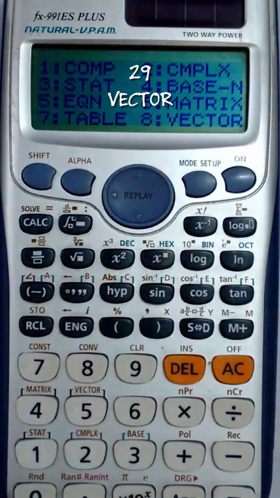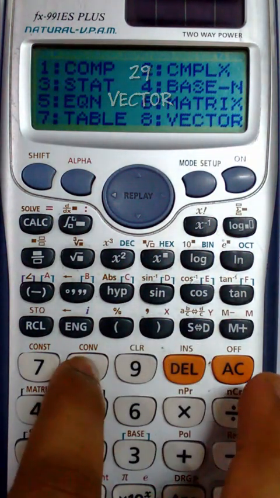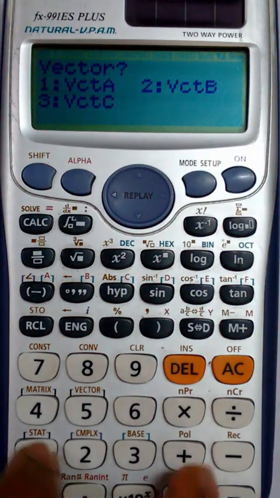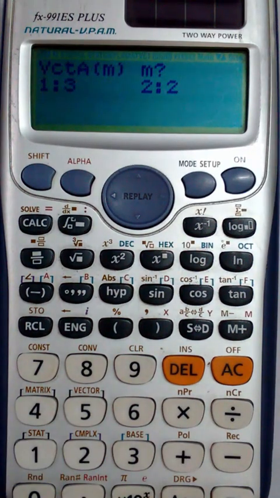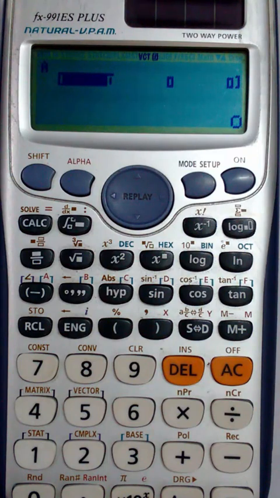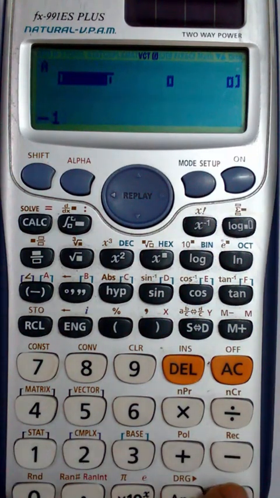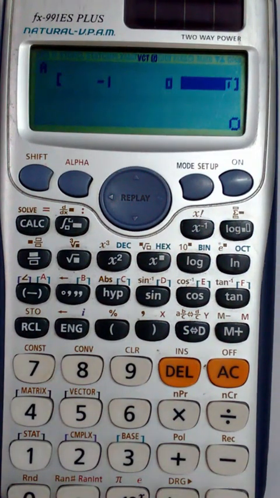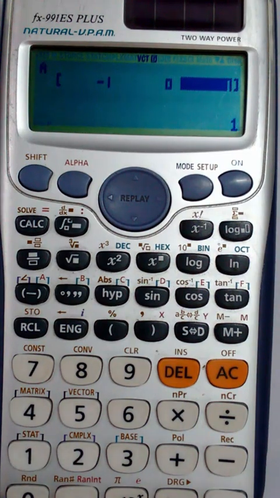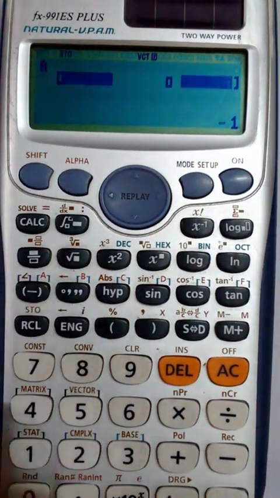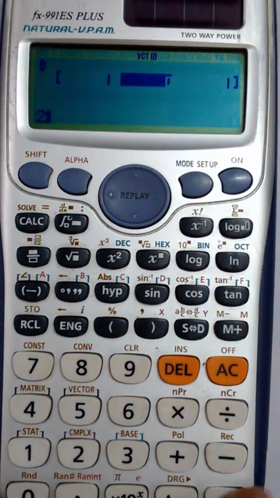Suppose you want to calculate the vector result, then select vector mode 8. For vector A, I have to store 3 values. Values are -1, 0, 1. Then for B, 1, 2, 0.